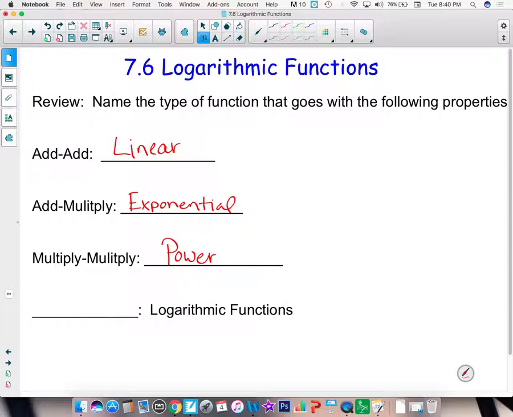And now looking at logarithmic functions, if we try to put those in conjunction with one we've done before, we said exponentials and logarithms were inverses. So what's the inverse of an add-multiply pattern? Well, it's going to be switching them around. So it's multiply, add. You're multiplying the numbers on the left of the pattern and adding the numbers on the right. We're going to use that pretty soon, like the next slide.